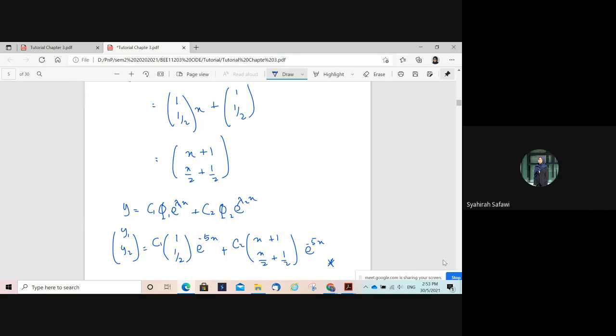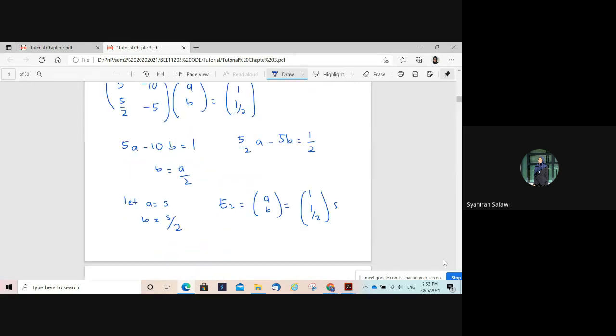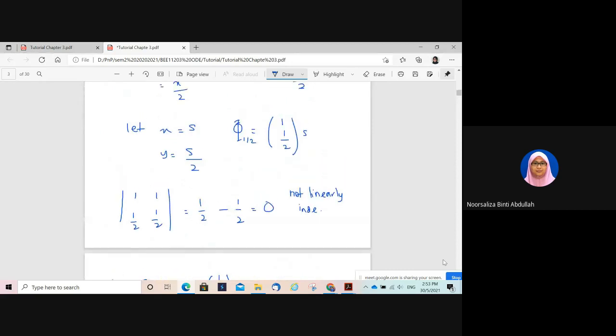Dia buat macam ni sebab dia dapat value lambda tu satu je kan? Sebab bila you dapat eigenvalue satu nilai saja, lambda 1 sama dengan lambda 2, then kalau you provekan ini memang akan dapat kosong. Sebab nilai dia sama, bila you tolak memang kosong.